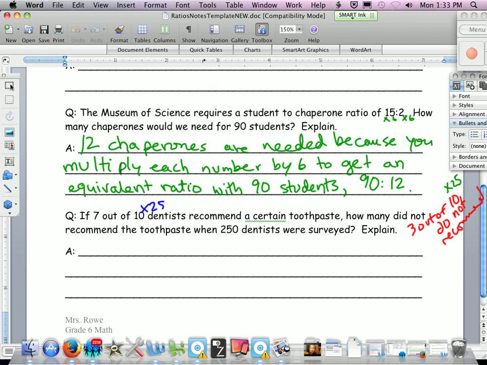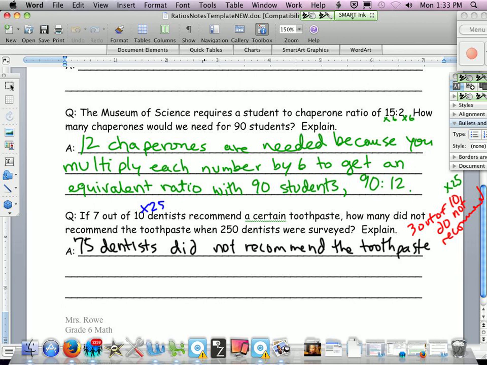So here we have 75 dentists that did not recommend the toothpaste, because 3 out of every 10 do not recommend it.